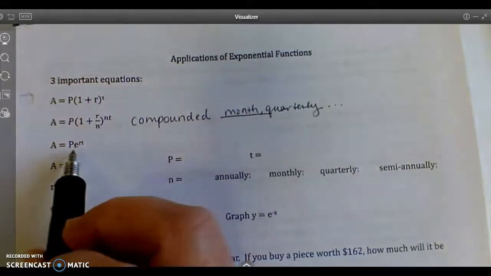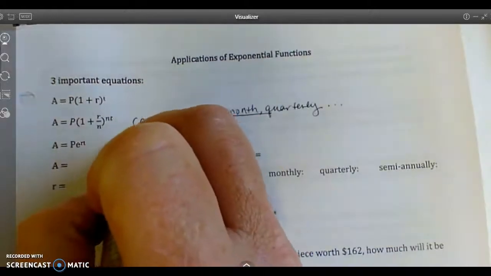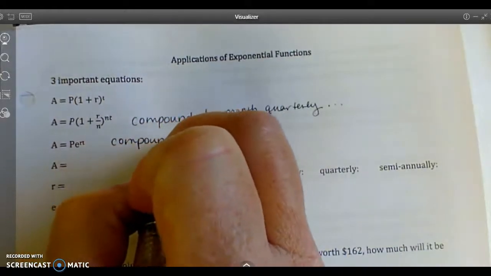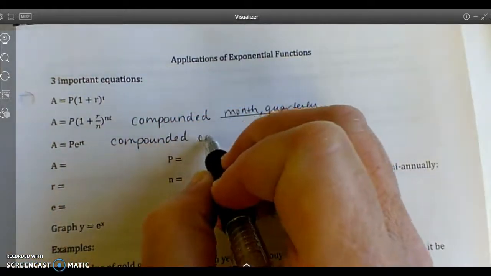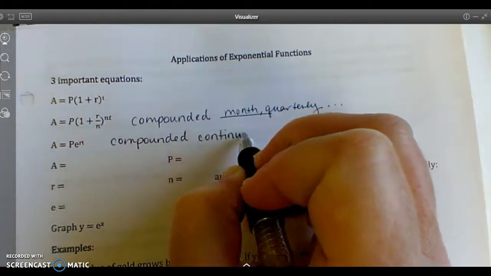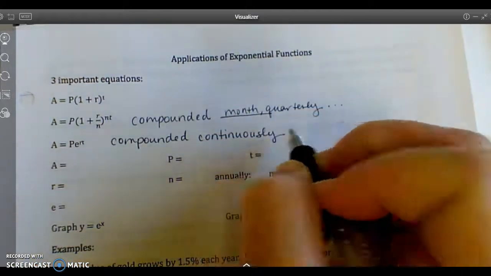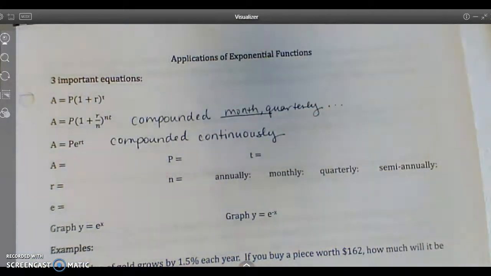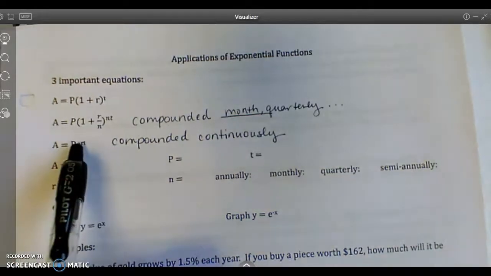Okay, this next equation is a different equation, and you use this equation if the problem says compounded continuously. As far as that equation is concerned, it's hard to use that equation mathematically as far as understanding what it means by compounded continuously, but that means you're always earning interest off of your money. And so this is the best kind of equation that you would use.